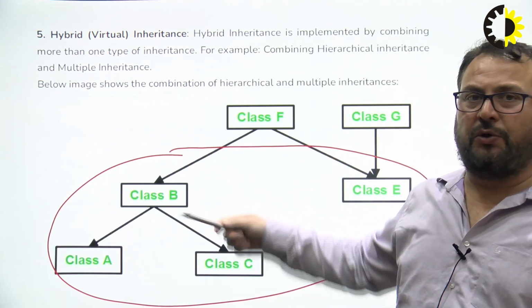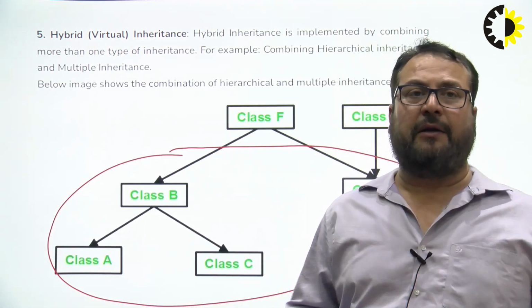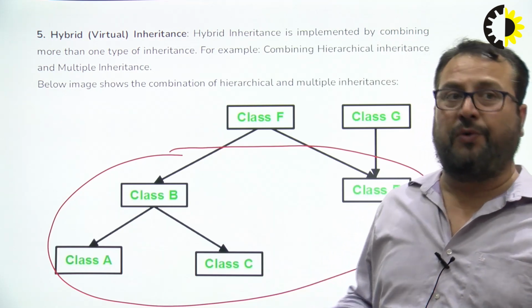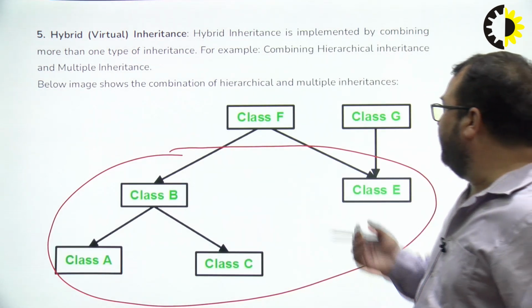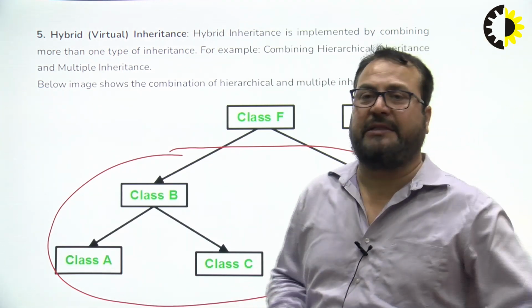So if an inheritance has two or more types, then it is called hybrid inheritance. Hybrid means a mix kind of inheritance.